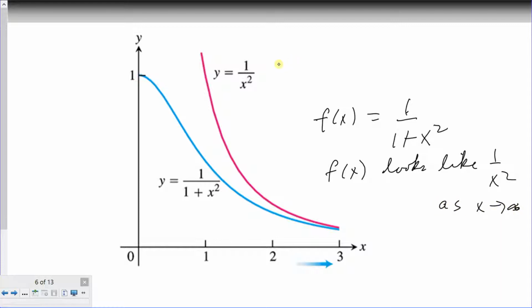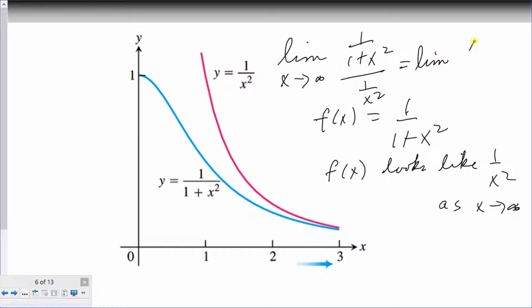So now we can take the limit as x goes to infinity of 1 over 1 plus x squared divided by 1 over x squared, and this equals the limit of x squared over 1 plus x squared as x goes to infinity. This obviously equals 1.